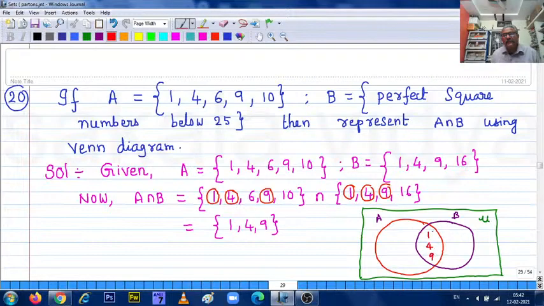This part is called the A intersection B part. In A, we still need 6 and 10, so write down 6, 10 here. This is also A minus B. In B, we already have 1, 4, 9, and only require 16, so write 16 here. In this way we can represent it. If you want, you can shade this part. This is called A intersection B.